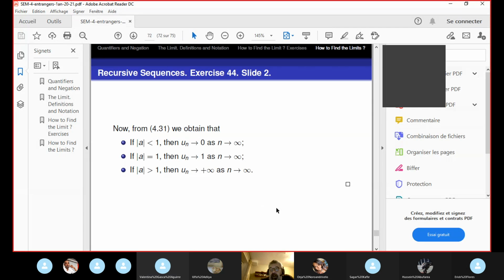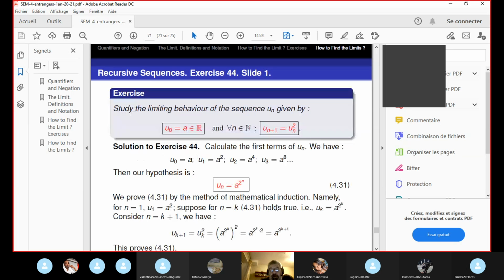You see, Valentina, you have this sequence a to the power 4.31. Then I take a equals minus 1. So the absolute value of a is 1. No problem.